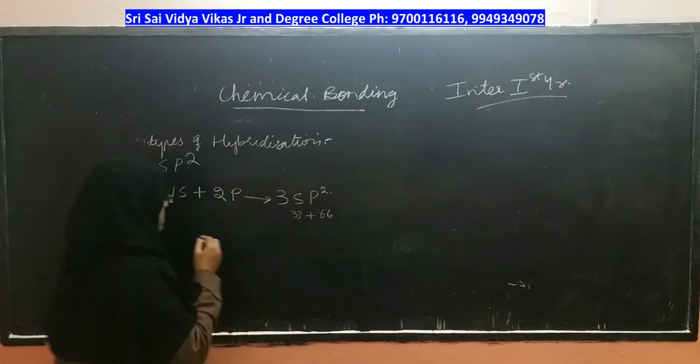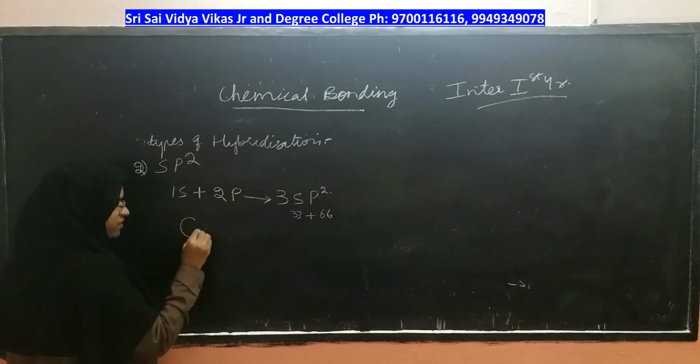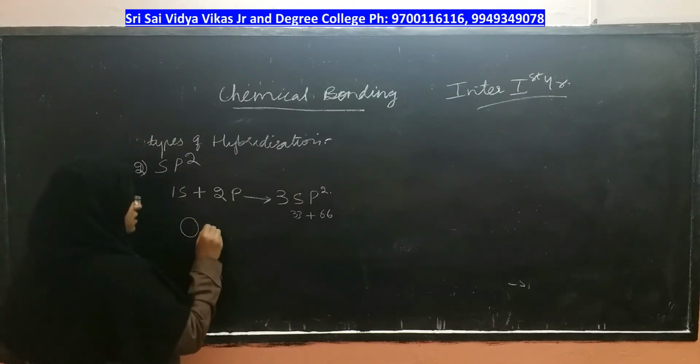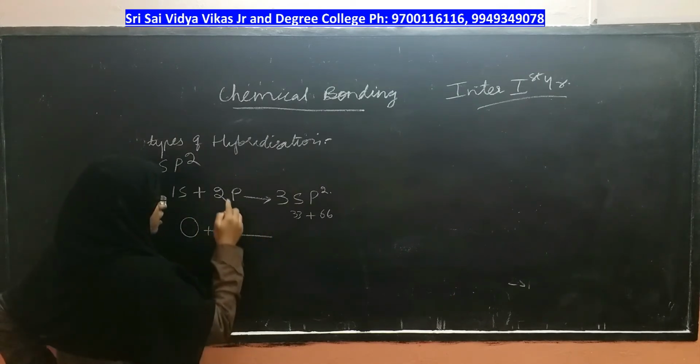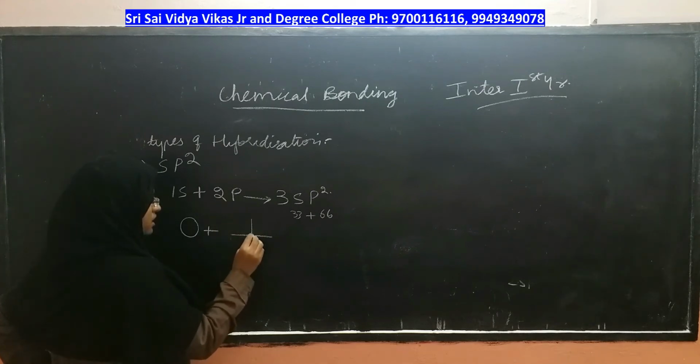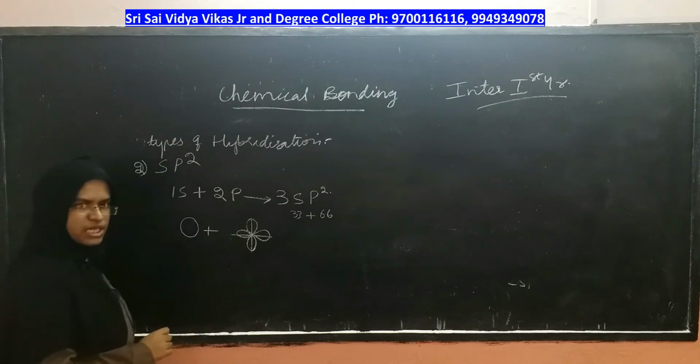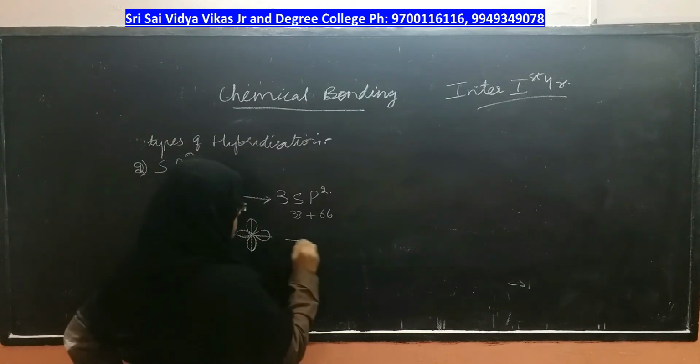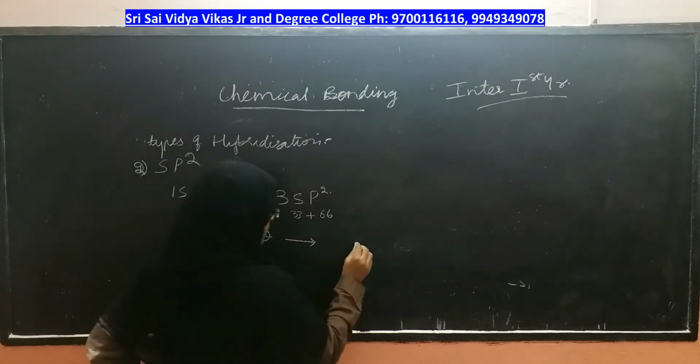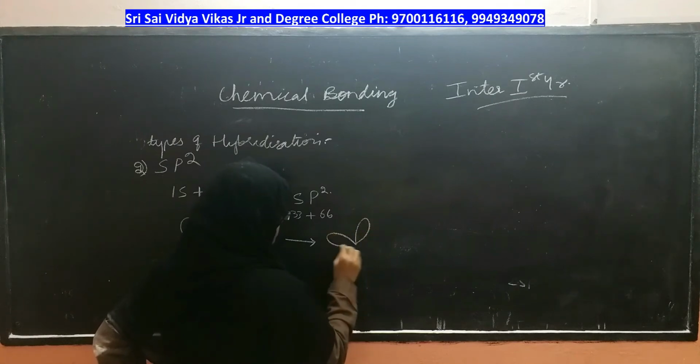Right? So now let us look at the shape. What is the shape of s? Spherical. What is the shape of p? How many p orbitals are intermixing? Let us take 1p, 2p. 2p orbitals intermix. What will you get?